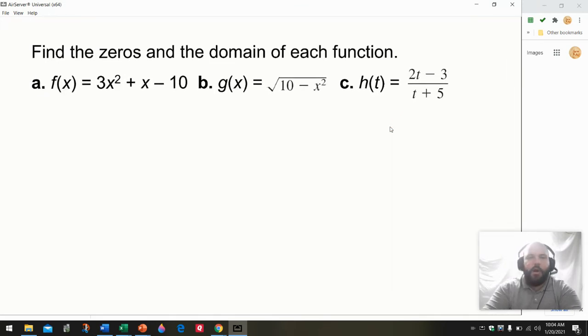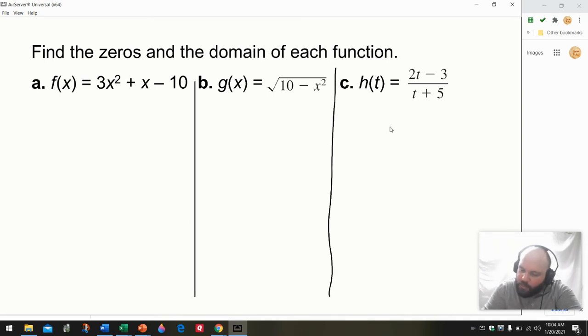So in this next problem, we actually have 3 problems in one, and they want us to find the zeros and state the domain of each function. Now I'm going to go ahead and state the domain of each function first, and then we will find the zeros. So let me show you how to do this. First thing I'm going to do is draw some straight lines down to kind of block off where I'm going to put my work for each problem. Okay.